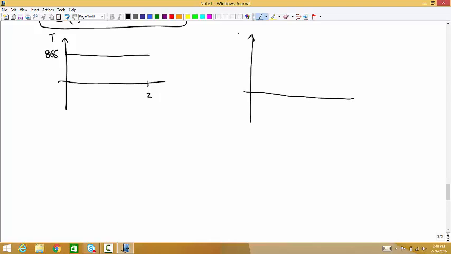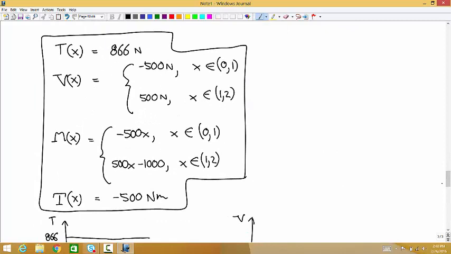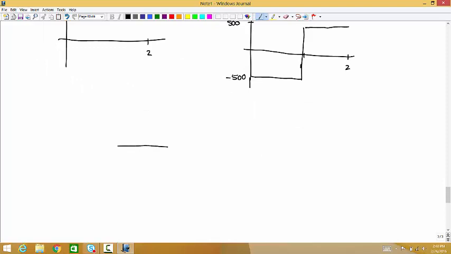If you plot the shear force versus x, it's negative 500 and then positive 500. You plot the bending moment.